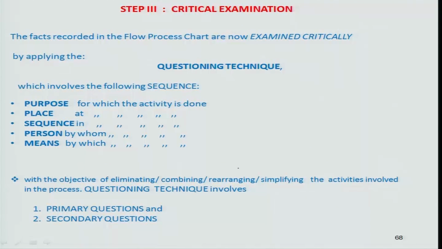In the critical examination step, you look at all the recorded facts, which are there in terms of flow process charts or different other representations that I have told you so far, and you critically examine them. You have to apply a sort of questioning technique to yourself, which involves the following sequence. First of all, looking at a particular set of activities or a task, you want to define the basic purpose.